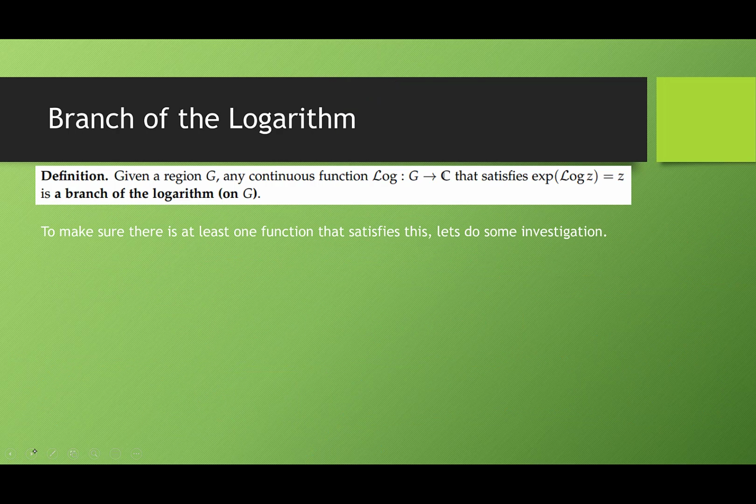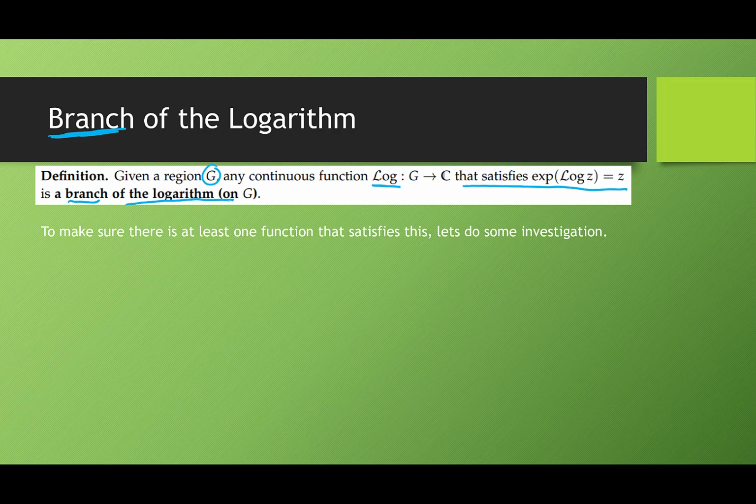Okay, so definition. Given a region G, and this is where that family tree is going to start to show up. Remember, a region is just an open set in C, or at least that's part of the definition. Given a region G, any continuous function, we're going to call it log with a fancy L, from G to C that satisfies our cancellation property here, exp of log of z is equal to z, is called a branch of the logarithm.